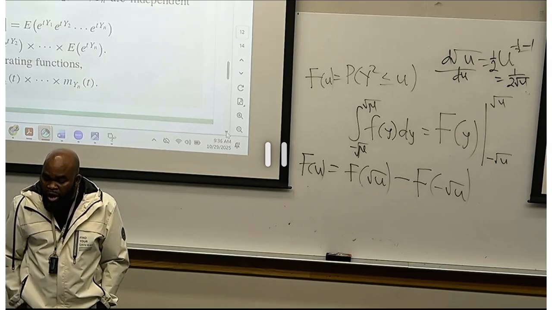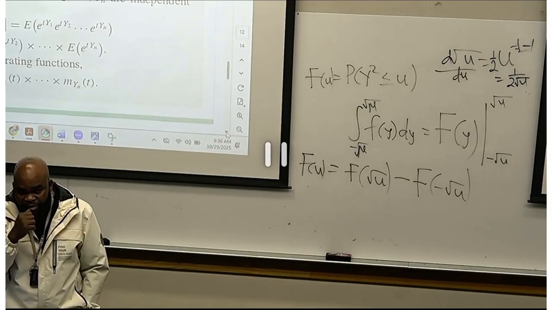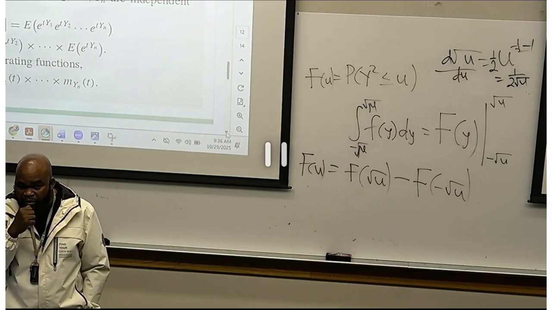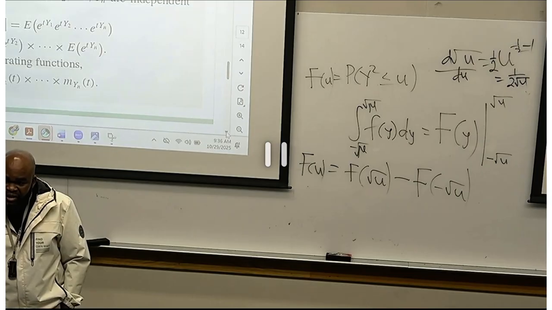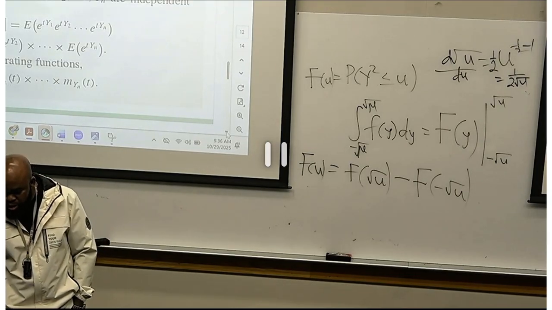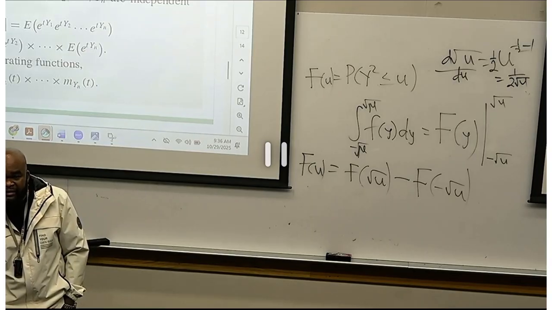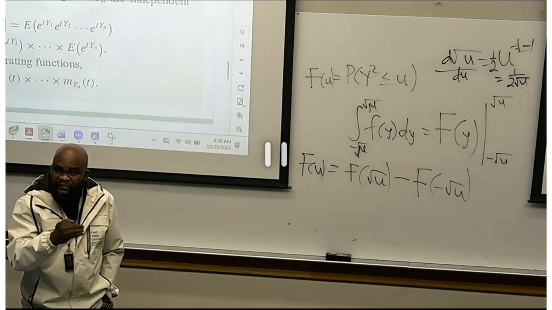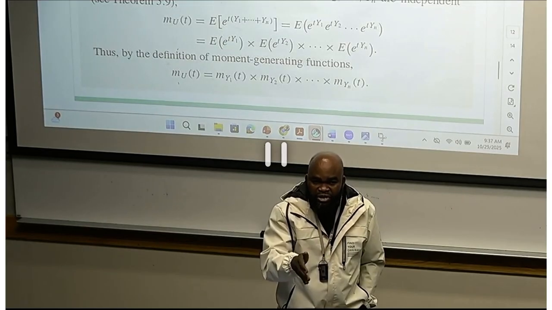If y1, y2 up to yn are independent random variables, and I have a moment generating function for y, but I'm seeking to get a distribution for a new variable u. The new variable u is a function of y1, y2 up to yn. Do you know that if I know the moment generating function of a probability distribution, I can figure out the distribution?